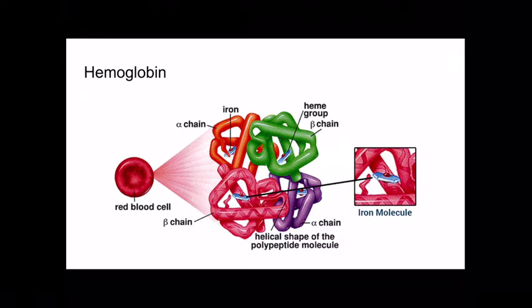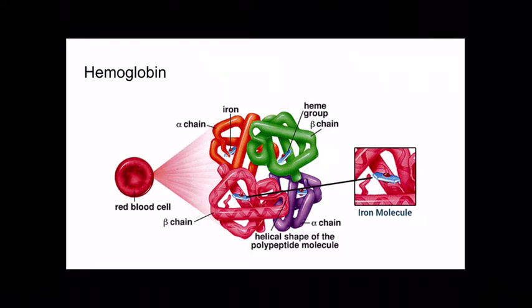The protein we're looking at here is hemoglobin. Although hemoglobin isn't an enormous protein, it is a complex protein, and we see many layers of structure within it. What we're looking at on the left is a red blood cell. Red blood cells are specialized for carrying hemoglobin molecules.